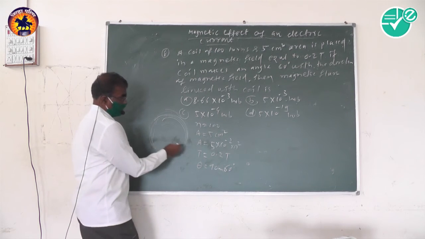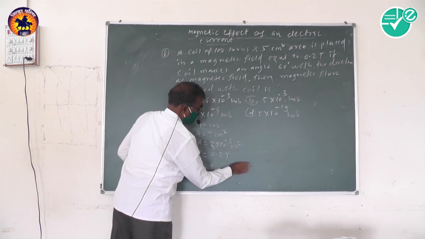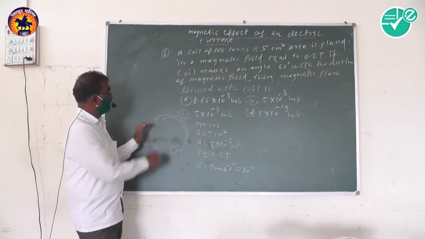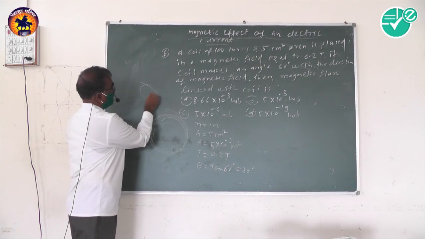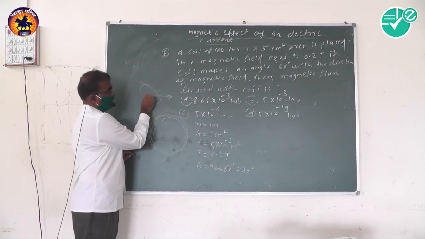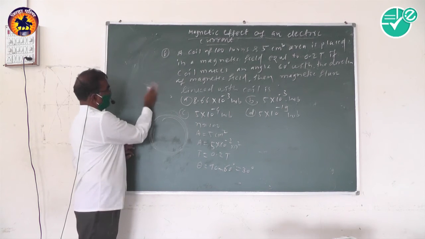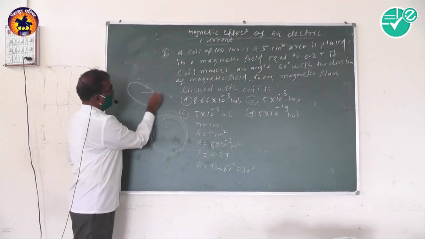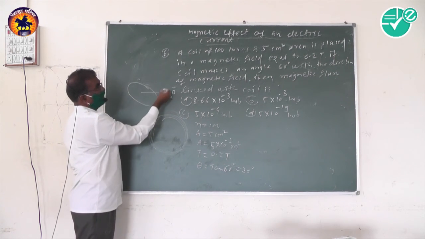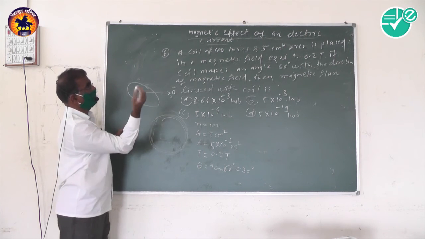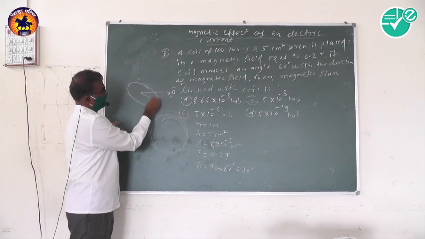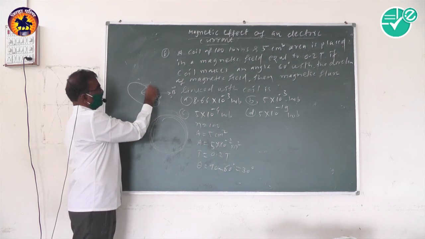That is, theta is 30 degree, because the plane of the coil makes an angle of 60 degree with the external magnetic induction field. The plane of the coil is making an angle 60 degree, so theta is 30.